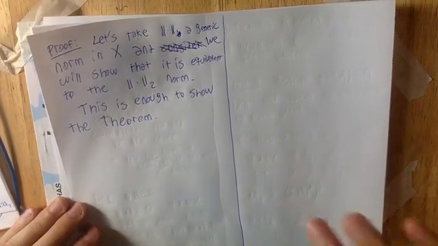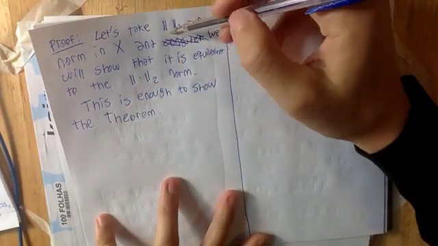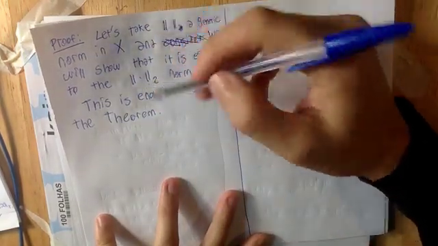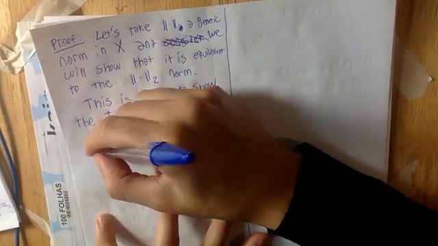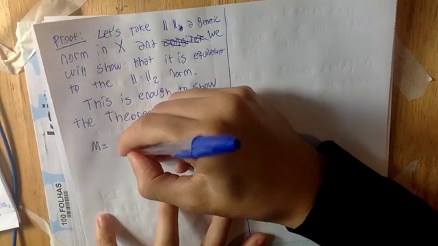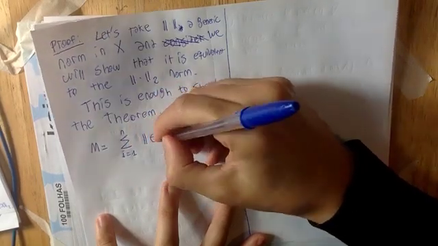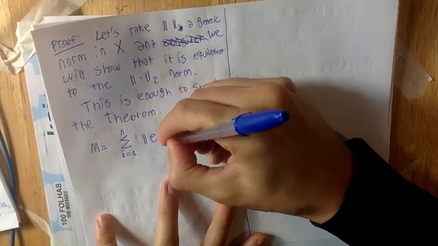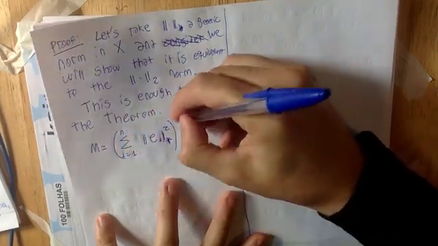Okay, so how will we do this? This is a bit similar to what we did between the infinity norm and the 2 norm, but let's do it again. So we are going to set M, which is equal to the sum from i equals 1 up to n of the star norm of e_i squared, to the 1/2.